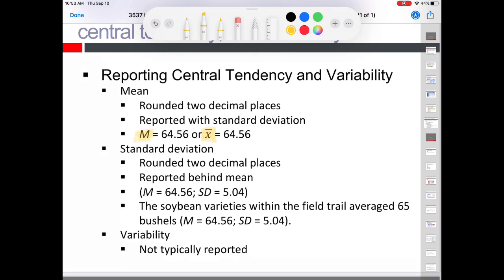And once again, round those to 2 decimal places. Directly following the mean, you'll report your standard deviation, rounded to 2 decimal places.